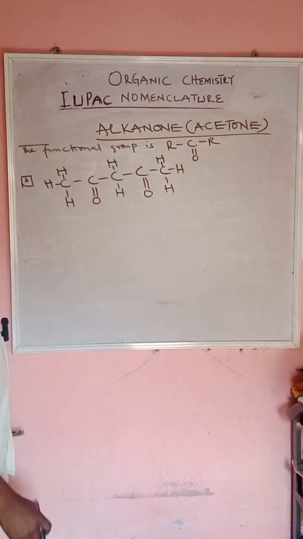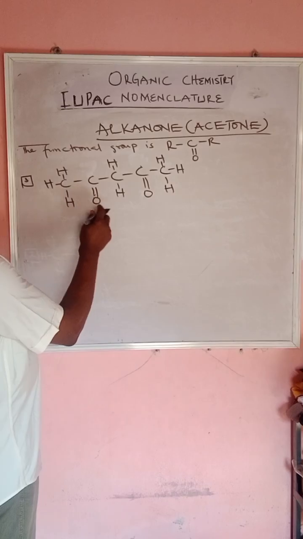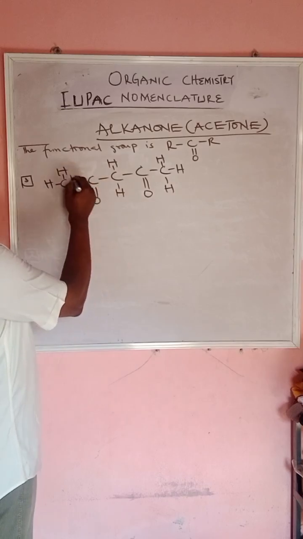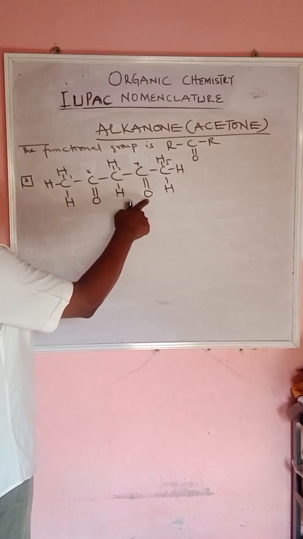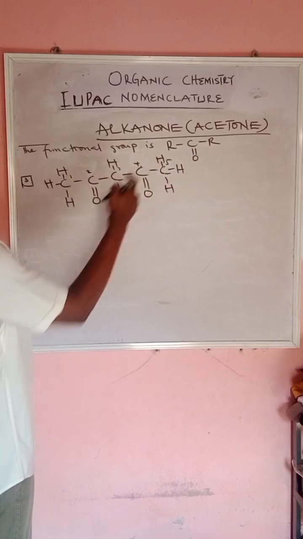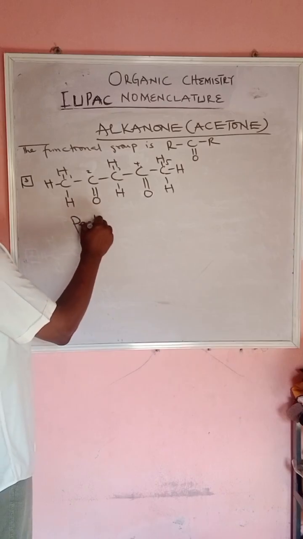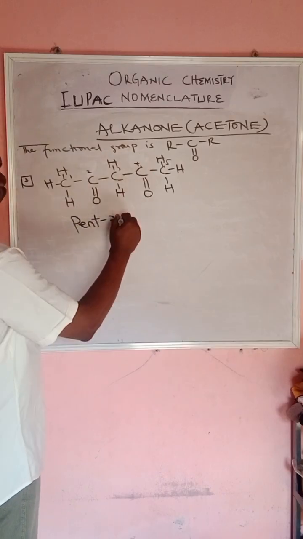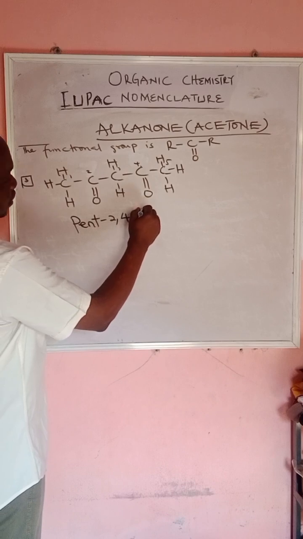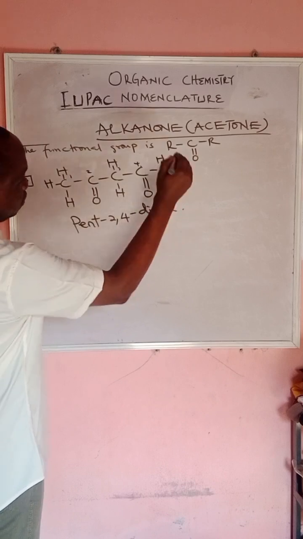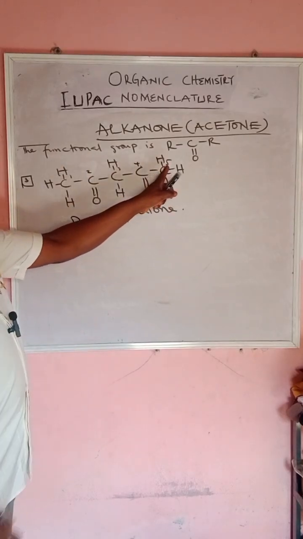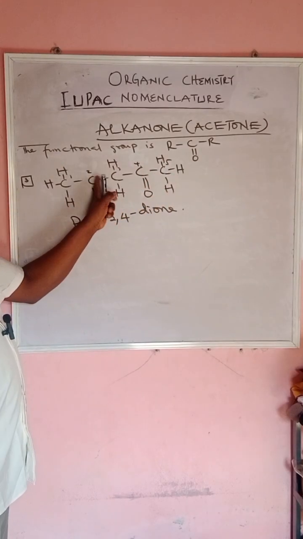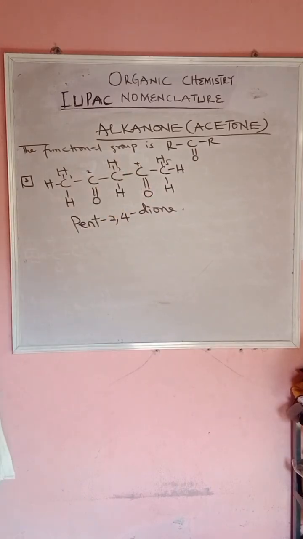So the one is on carbon, if I count from here to here, 1, 2, 3, 4, 5. The ones are on carbon 2 and carbon 4. It's 5, and 5 is pent-2,4-dione. Then 2,4-dione. If you count from right to left, 1, 2, 3, 4, 5, it's 2, 4 again, still the same thing. Then 2,4-dione, and so on and so forth.